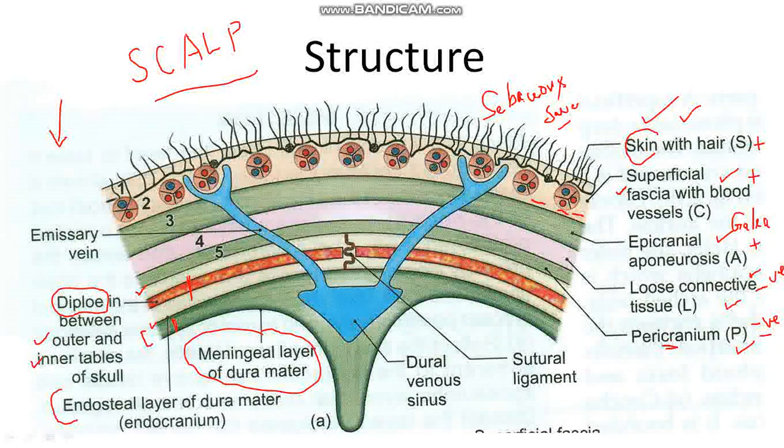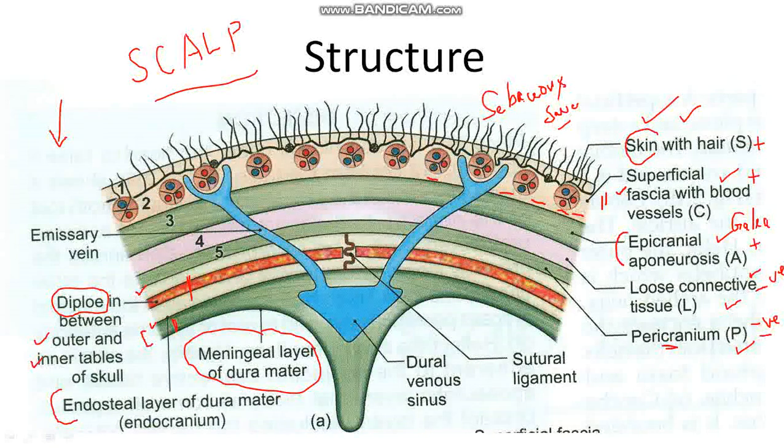These blood vessels run over the galea aponeurotica, the epicranial aponeurosis, and are firmly adherent to this layer.